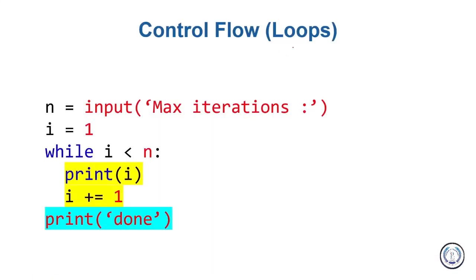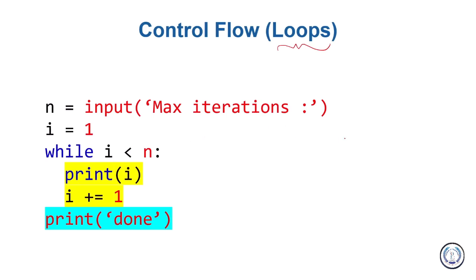The best way to understand loops is to think in terms of a repetitive structure. Let me give you an example, and we will dive into this code in a while. Let's say a user gives you an integer number, and you want to print all the numbers till that number. You start from 1 and keep on moving and printing all the numbers until you reach that number.